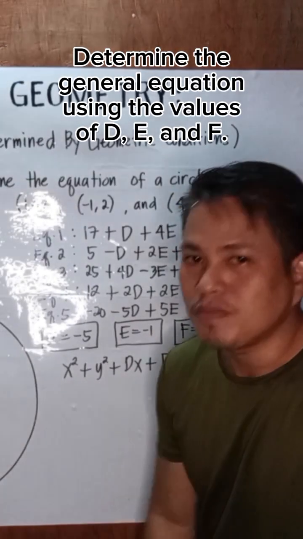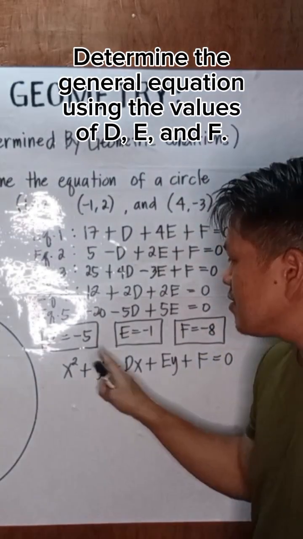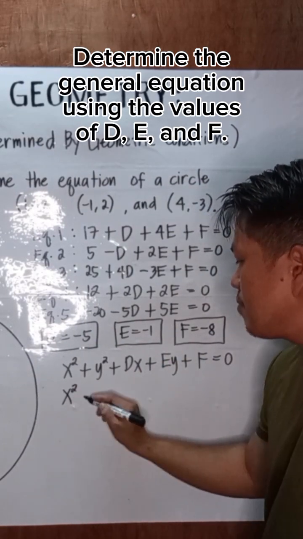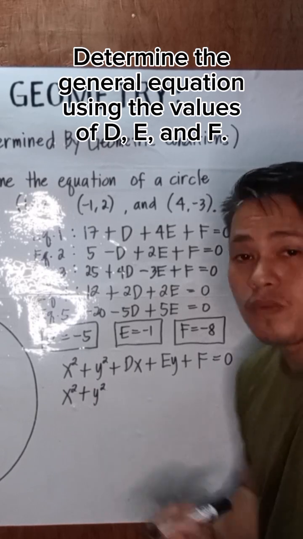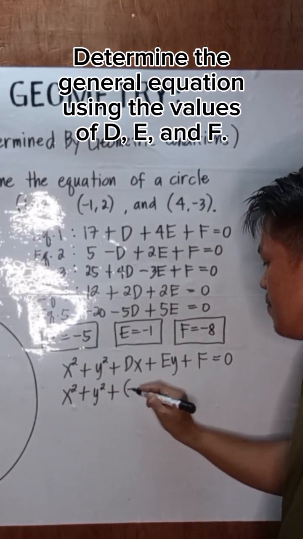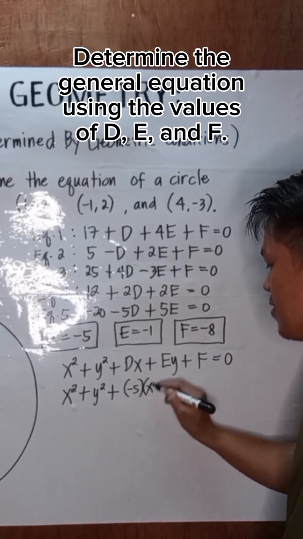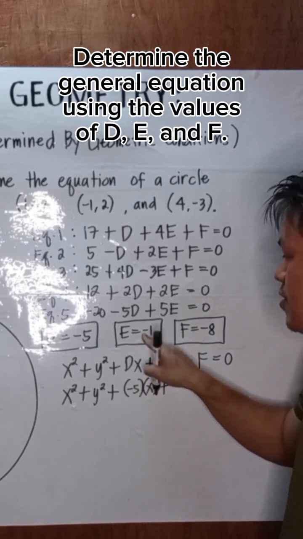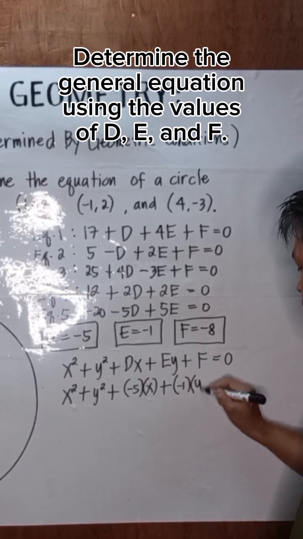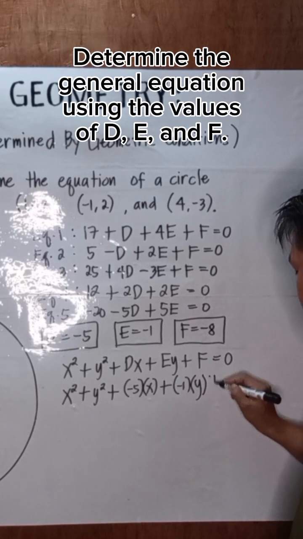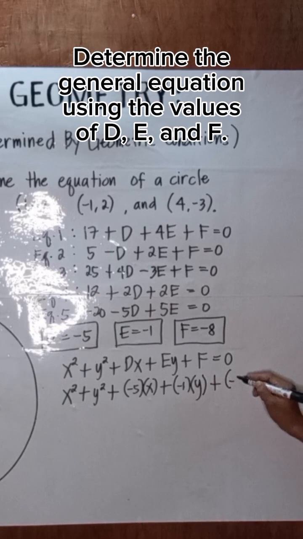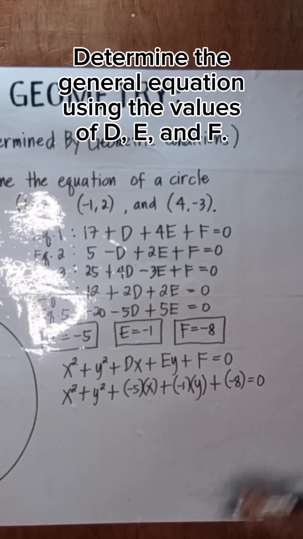This time, ang isa-substitute natin ay values ng d, e, at f. So, we have x squared plus y squared plus, ang d natin ay negative 5 times x plus, ang letter e natin ay negative 1 times y, then plus, ang value ng f ay negative 8 is equal to 0.